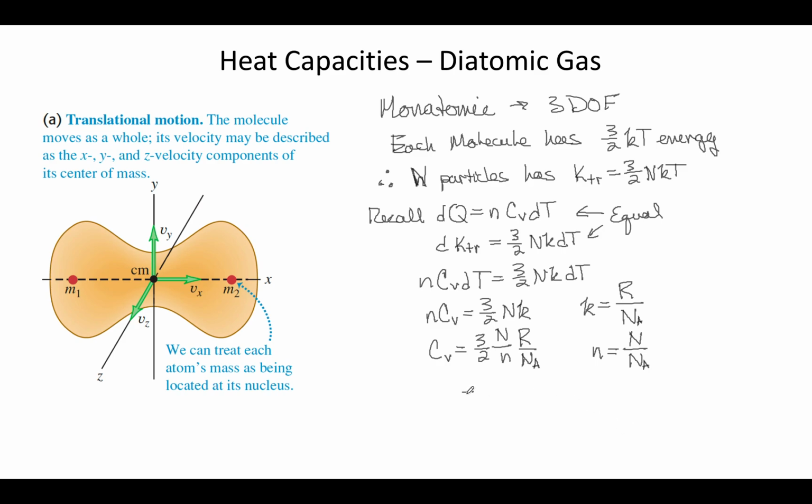Put that in there. I think you're going to see what happens. We have big N over big N over N sub A, R over N sub A. And there you go. The big N's cancel, the N sub A's cancel once you bring this up to the numerator, and you're left with C_V equals 3/2 R.